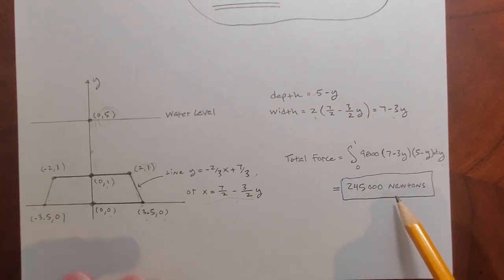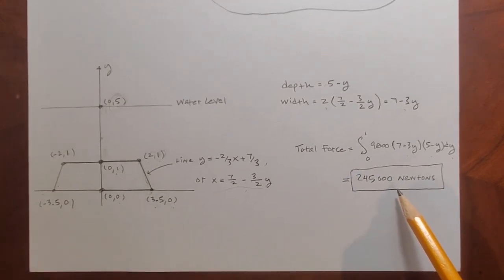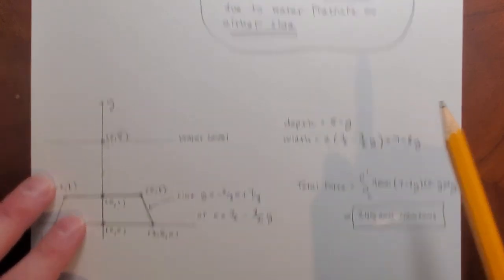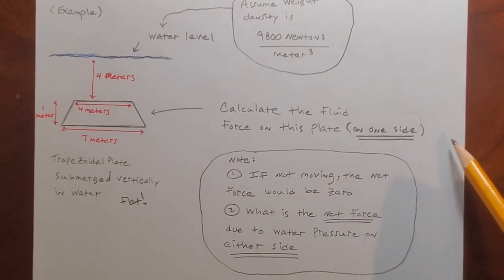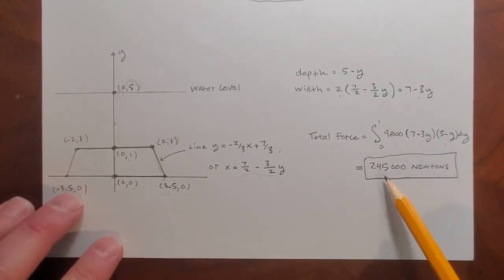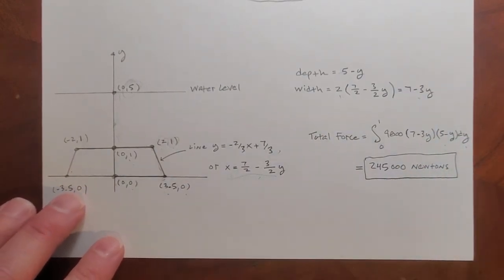Remember, a newton is a measurement for a force. It's convertible to pounds if you want to. In my part 1, I gave you the conversion between newtons and pounds, but it's just a measurement of force, okay? So yes, the force on one side of the plate as a result of the pressure within the water, 245,000 newtons.